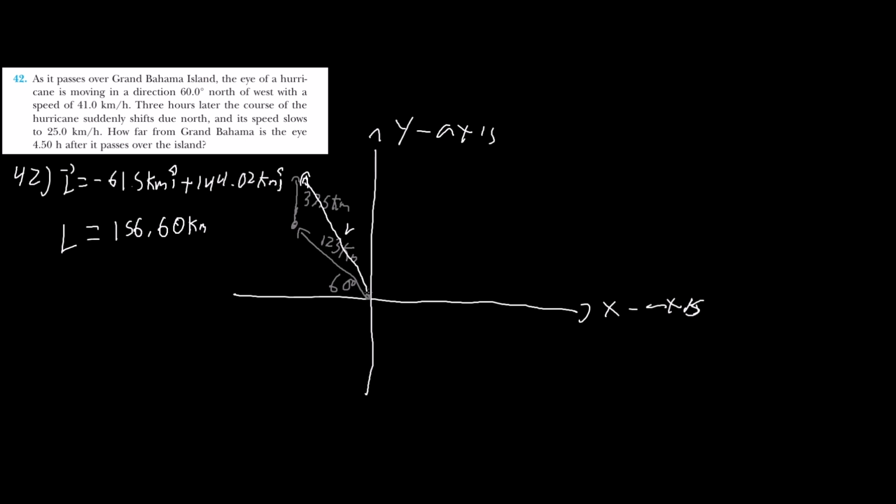So that's another way of saying that if this hurricane would move at a constant velocity of 41 kilometers per hour, and then another constant velocity of 25 kilometers per hour, then 4.5 hours later, the position, the difference L, is going to be that magnitude.